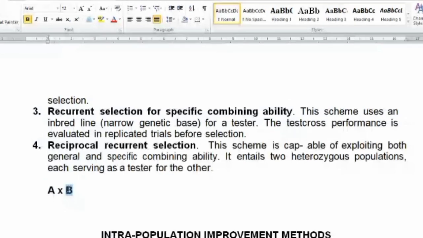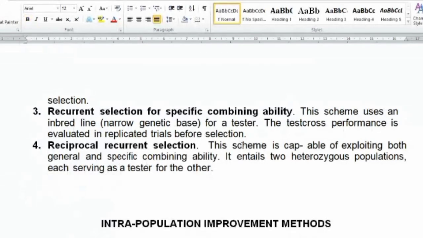In reciprocal selection, you are considering both scenarios. You are considering a scenario where A is the mother, and you're also considering a scenario where B is the mother. Reciprocal. You will see that as we deal with that.